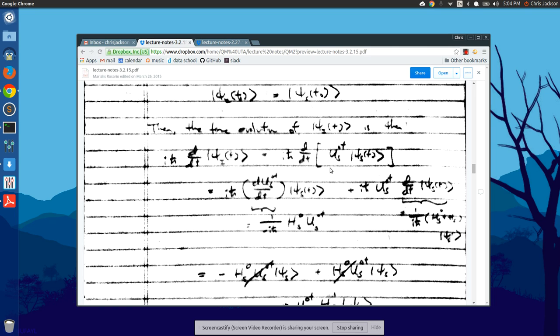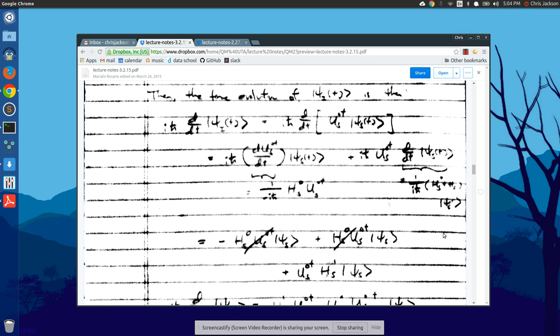But what I can do is use the Schrodinger equation for each of these to replace those derivatives with terms that look like the Hamiltonian hitting our time evolution operator, and I can do the same thing over here. The difference is that now the Hamiltonian that we're plugging in contains not only the unperturbed piece, but our perturbation term as well. Okay.